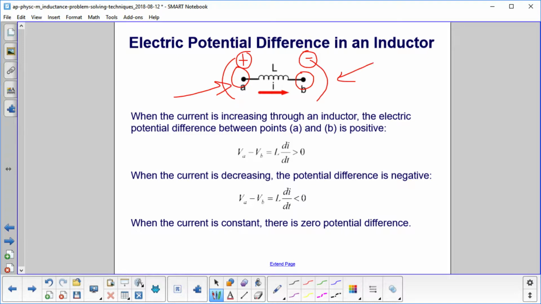When the current is decreasing, and here's the equation, di/dt is negative, so in that case the potential difference is negative. So you would have a higher potential on the B side than the A side. When the current is constant, there is zero potential difference because di/dt equals 0.